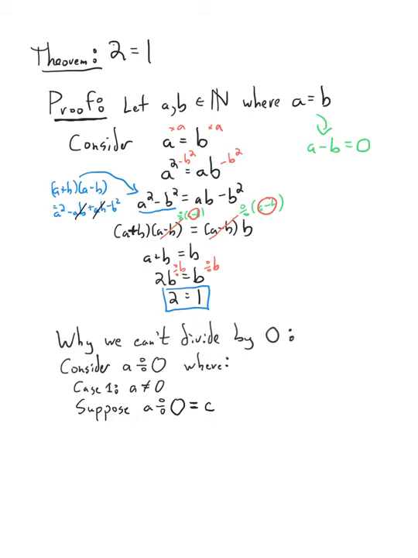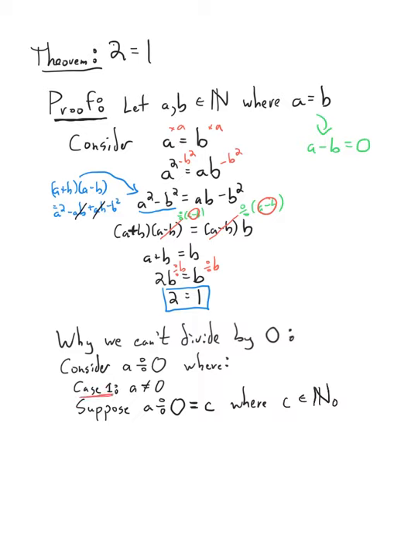It makes things a little more fiddly, but just to give you the idea, let's just say it equals some number c, where c is some whole number. You could do it with a real number, but I'm just going to stick to whole numbers. The idea is going to come across.